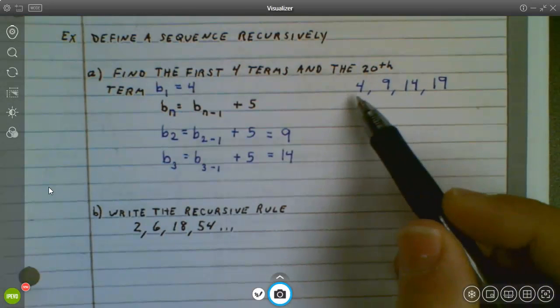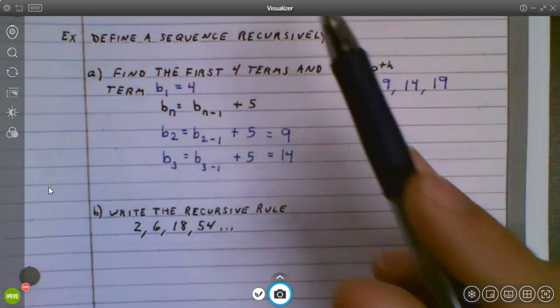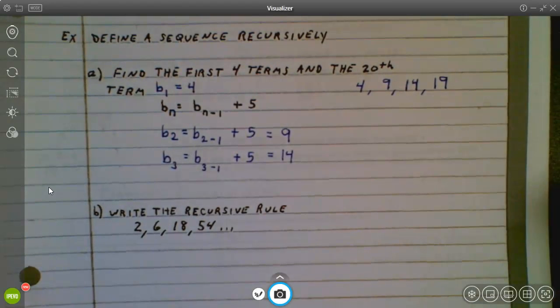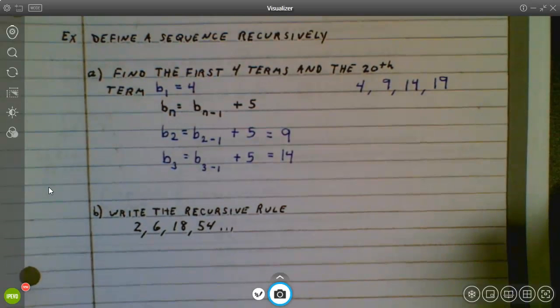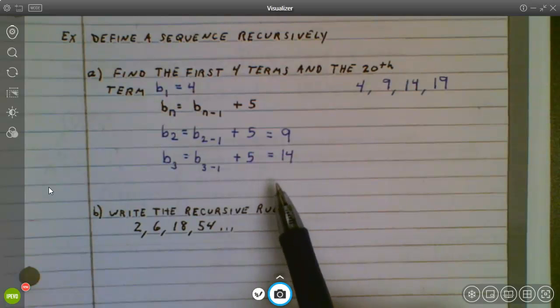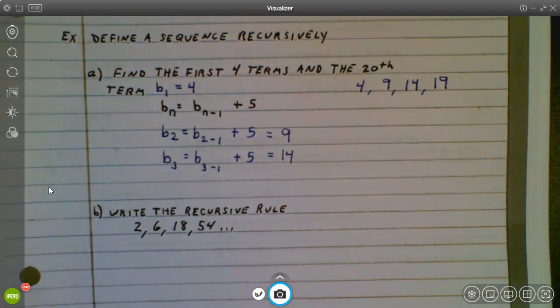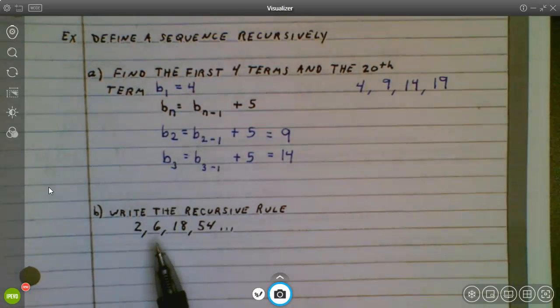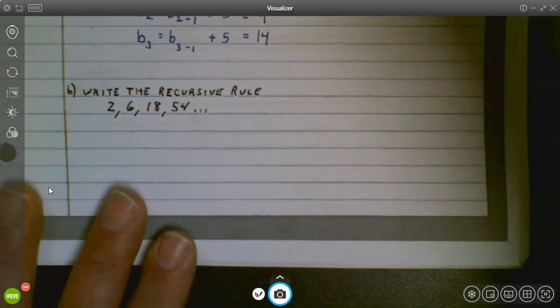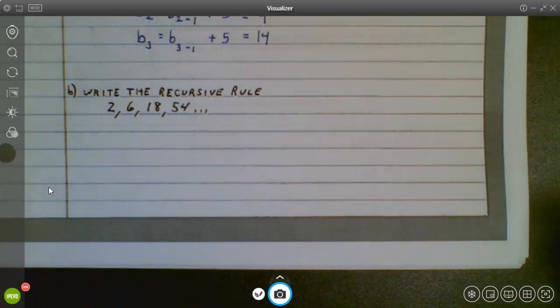So I would have to lay out the terms like this, and then I would have to do what I did up above, which was write the explicit rule. Then I could plug in a 20 for k, or n, whatever, to get the 20th term, right? Because I really don't want to keep going down this road to find all of my future terms. So let me go down to, okay, let's just write the recursive rule. So here's my sequence of stuff.